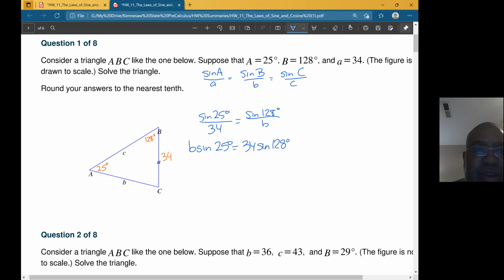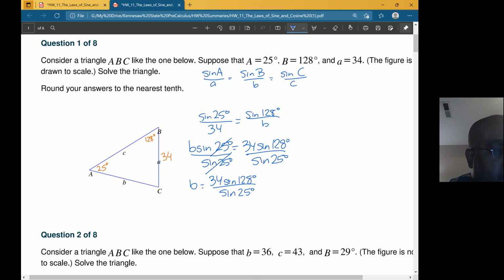Again, we're trying to limit intermediate calculations, so we're going to divide both sides by sine of 25 degrees. So little b is equal to 34 sine of 128 degrees over sine of 25 degrees, which you can put in your calculator, depending on which one you have.